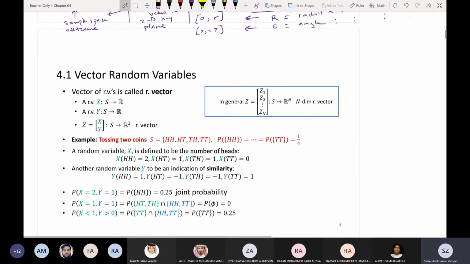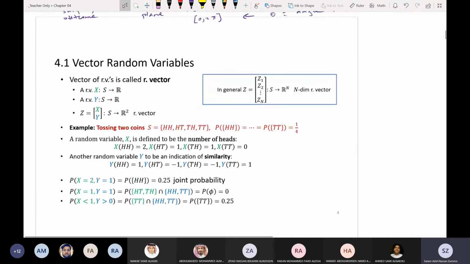So basically, this slide summarizes what we have talked about. A vector of random variables is called a random vector. A random variable X is a mapping from S to the real line, and another random variable Y is another mapping from S to the real line also.